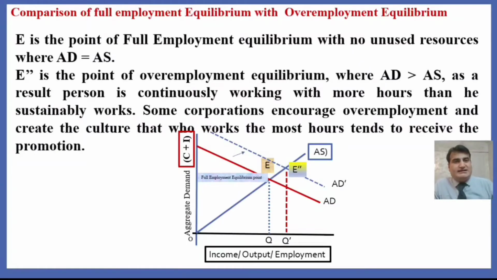The E double dash is the point of overemployment equilibrium, where the aggregate demand is greater than aggregate supply. As a result, the person is continuously working more hours than he sustainably can. Some corporations encourage overemployment and create the culture that who works the most hours tends to receive the promotion.